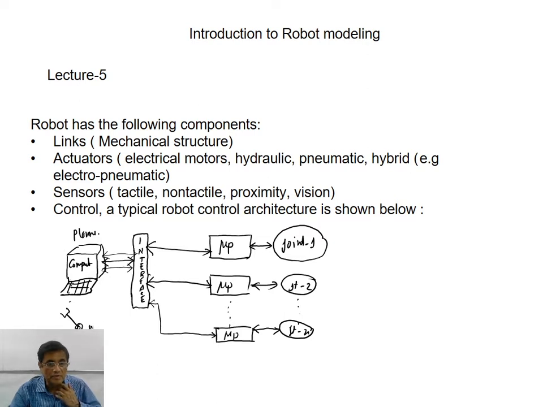These motors are getting direction on how much to rotate so that it will come to theta 1 degree, theta 2 degree. So how much to rotate, theta 1, theta 2, the computer will tell that. This is a very simplistic view I am trying to give you the first time.